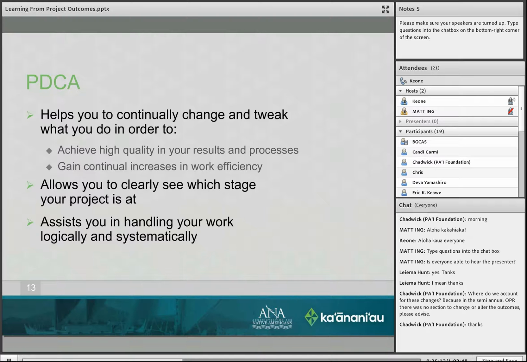It also allows you to clearly see which stage a project is at, and that's really, really important. You have to take an objective look towards it too, though. It assists you in handling your work logically and systematically.